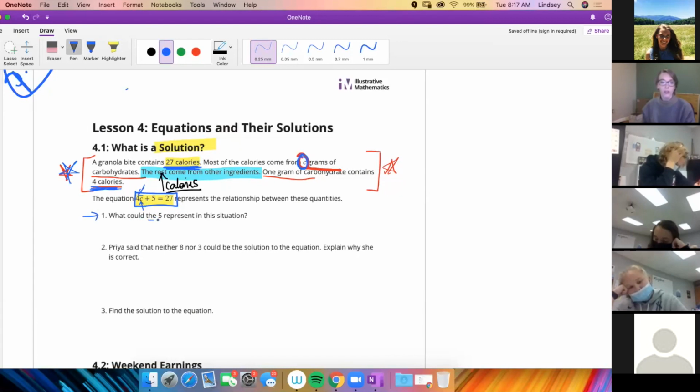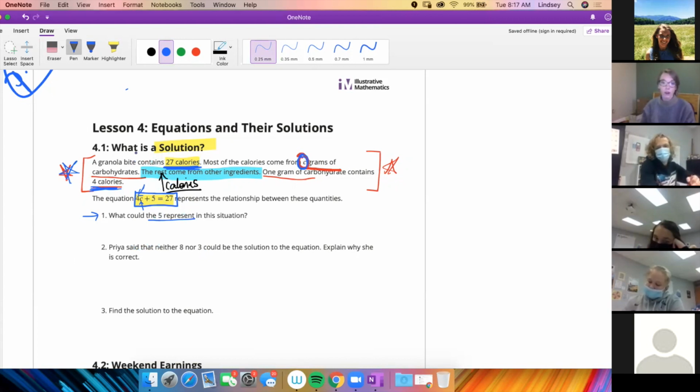So then it brings us to this first question. It says, what could the 5 represent in this situation? Let's put it into our own words. What's the only thing that we haven't talked about in this paragraph up here? What could that 5 represent? How many granola bites there are? No, not necessarily.